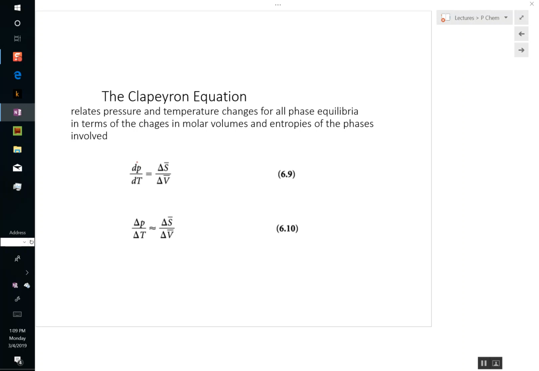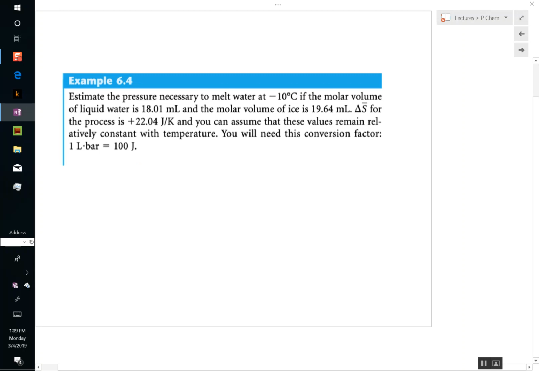So whatever it is you are seeking, whether it's the pressure change or the temperature change, knowing any other three of these, it's a good estimate. Here's the equation, approximately.